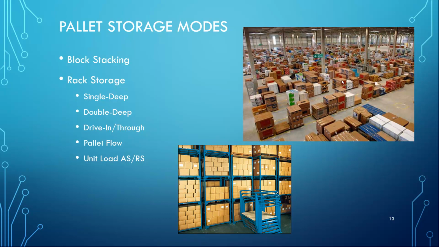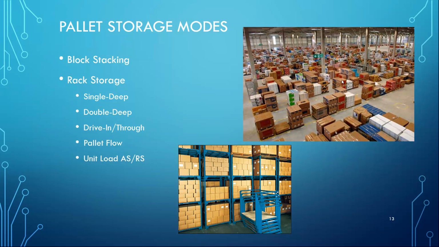Now, the main problem with block stacking is the loss of space due to the honeycomb. You are putting them in piles, but some of those piles will have odd numbers that will not fill the space, so it will not be as effective.